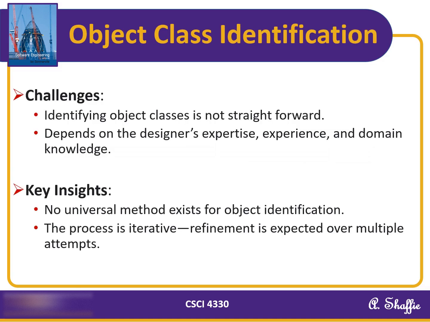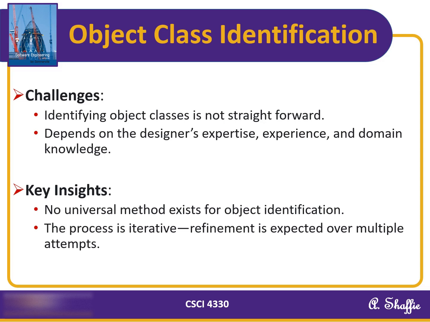The third activity in the object-oriented design process is object class identification. This step is crucial but comes with some challenges, which is that identifying object classes is not straightforward, as it heavily depends on the designer's experience and domain knowledge.